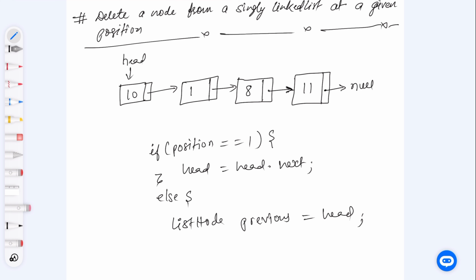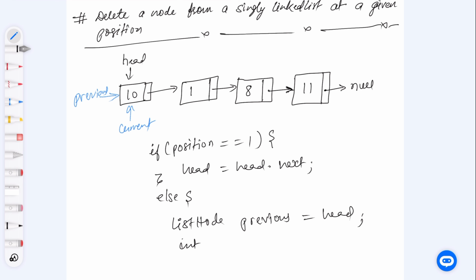So let's suppose we start the previous from the head, means we'll start from here, and current will also start from here, that we already know how to do. Let's suppose this is our previous that we are talking about, and this is our current. Two things we start from here. If previous starts from the head, we'll take a count.